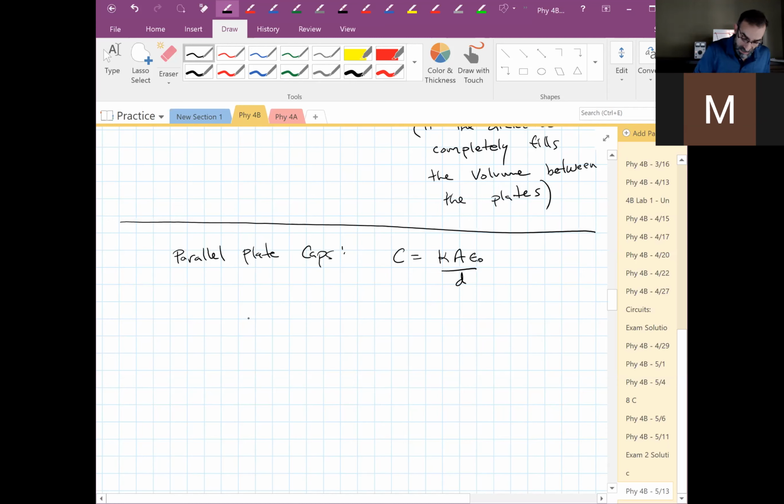And let's say we had a capacitor and we only wanted to fill half the volume with a dielectric. What do you think? How are we going to figure out the new capacitance?